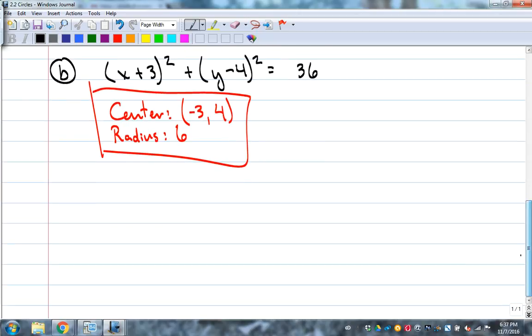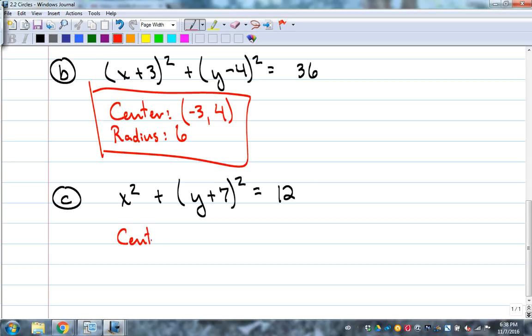Let's look at this one. Same instructions. A little bit different. x squared plus (y plus 7) squared is equal to 12. So we want to find the center and the radius.